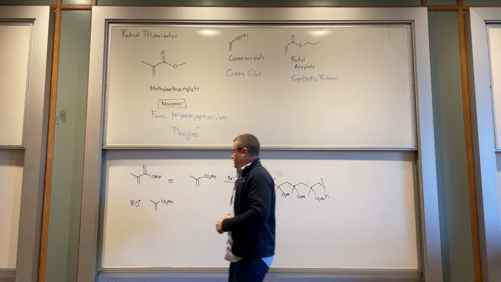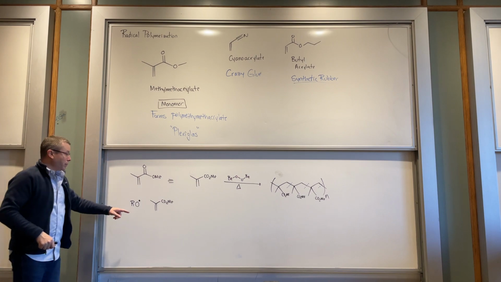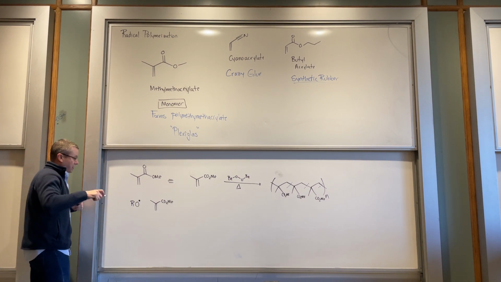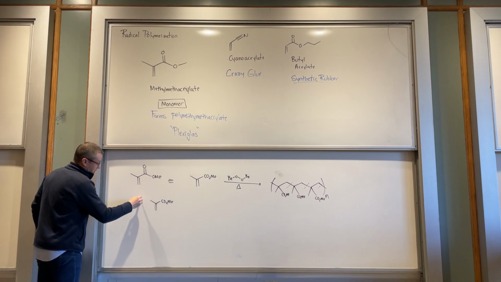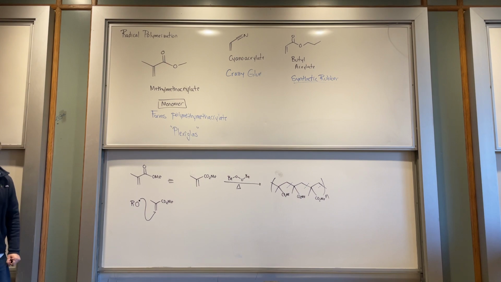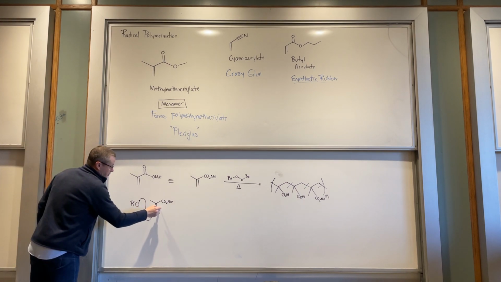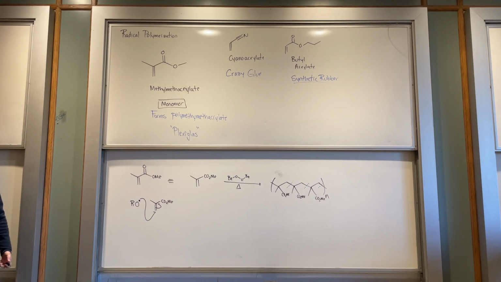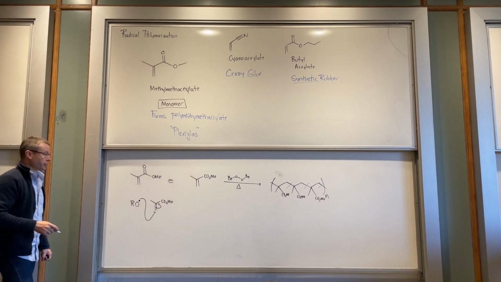All right, to get us started, we take our peroxide initiator, split it in half, and make two oxygen radicals. That oxygen is going to add to the primary carbon, and it's going to form a stabilized radical on the more substituted carbon with the electron withdrawing group.